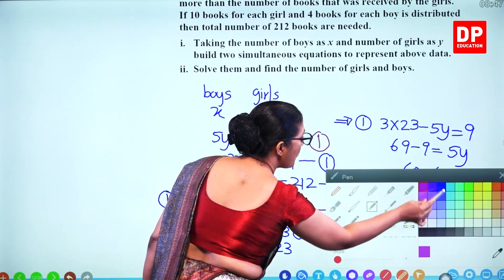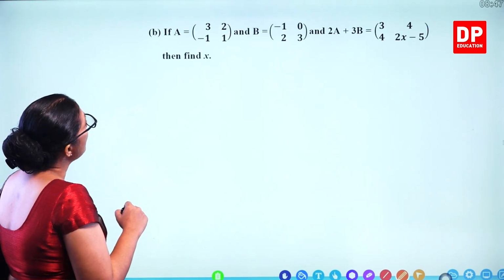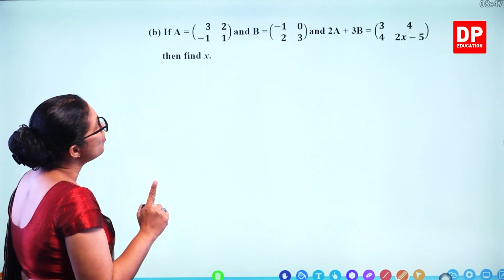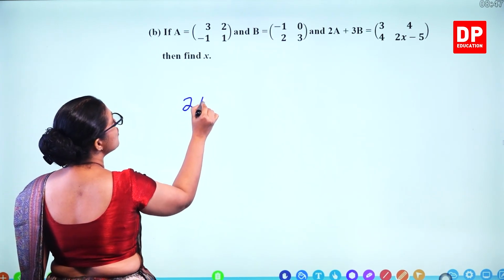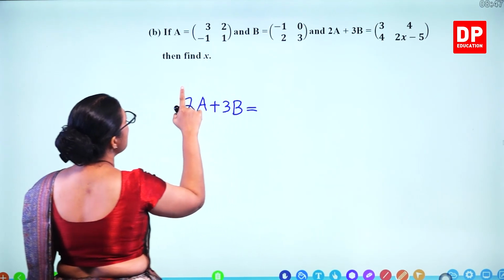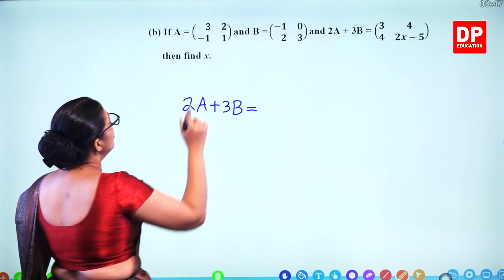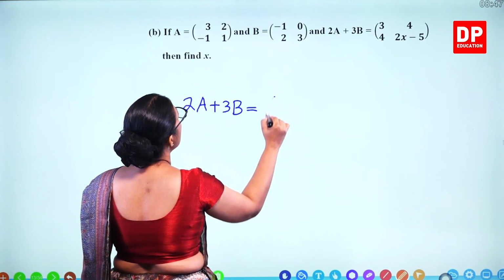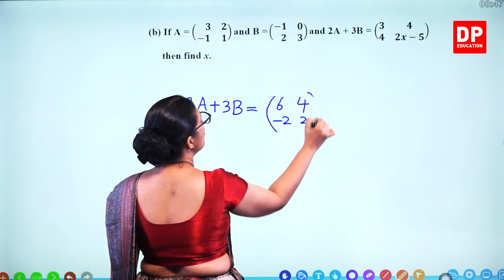Part B, matrix question. So if A is this, B is this, find 2A plus 3B. So we have to substitute. 2A plus 3B is what? Multiply all the elements of A by 2. 2 times 3 is 6, 2 times 2, 4, minus 2.